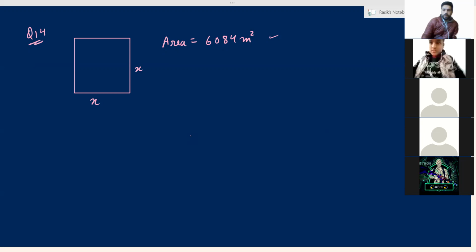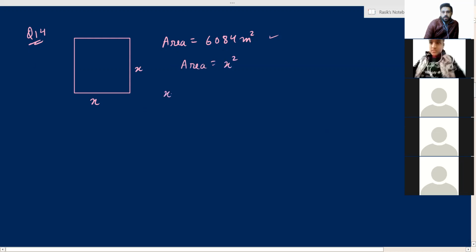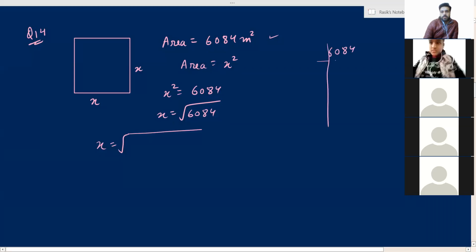Okay, I think you all must have done it. We all know that area is equal to side square, that means x square. So x square is equal to 6084. x is equal to square root of 6084. You will do the prime factors of 6084. We get 3042, again divide by 2, 1521.